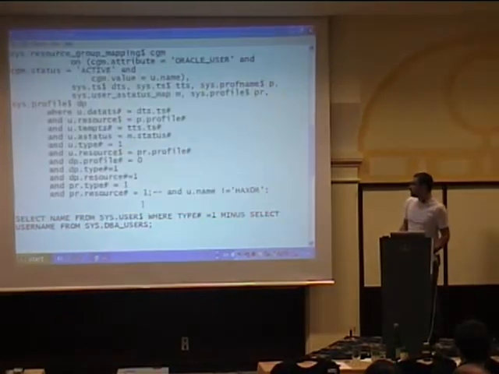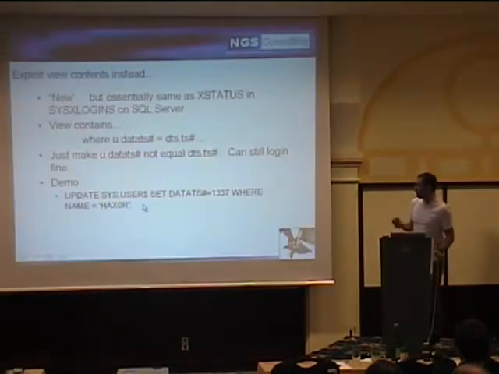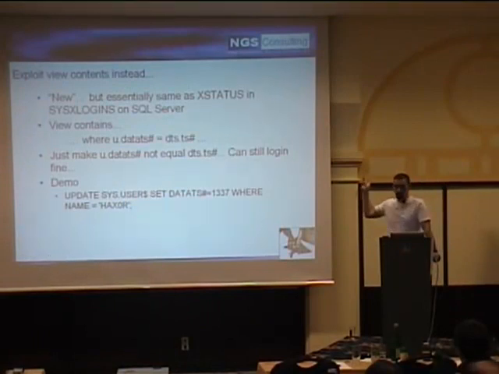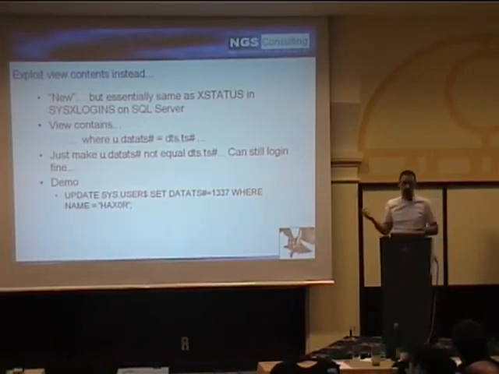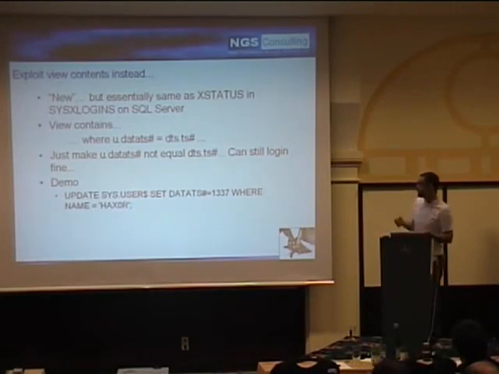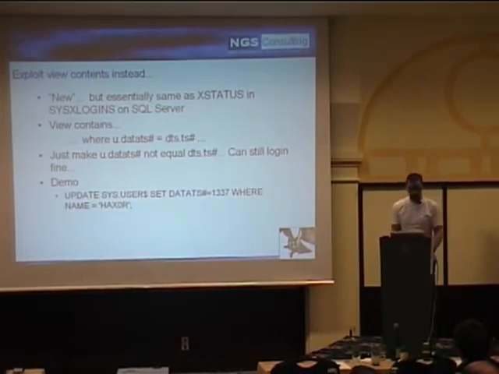So rather than modifying the text of the view, we can simply manipulate the view's contents so that the account disappears. Now, I say this is a new method, but it's not really new. This is exactly the same thing in Oracle that we did with xstatus in SQL Server. It's abusing the view's content itself to make the account hidden.